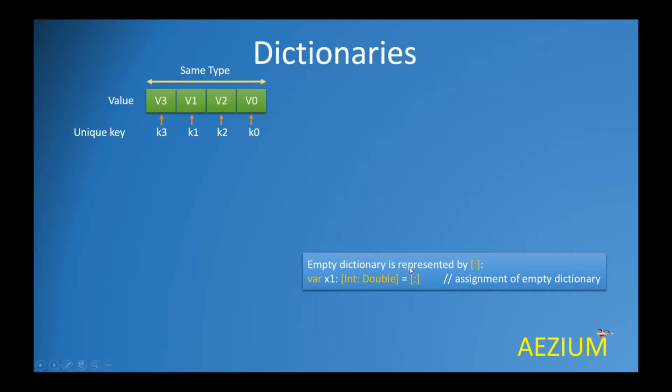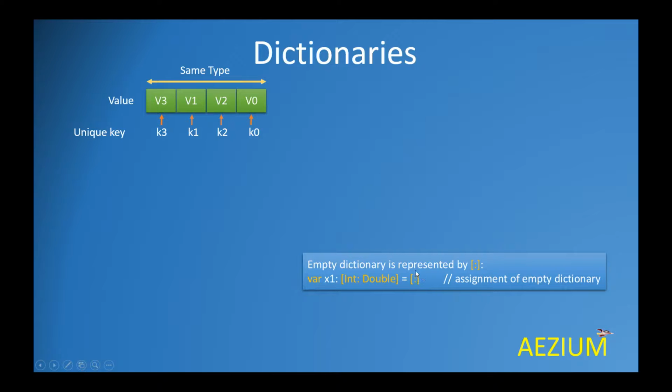An empty dictionary is shown by this notation, square brackets, and within the square brackets we have a single colon. Here is an example of declaring a variable called x1, which is of type dictionary of int and double. That would be the types of its key value pairs.